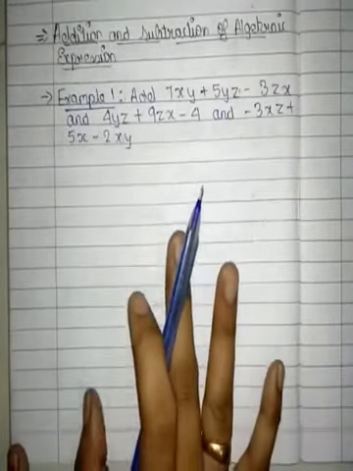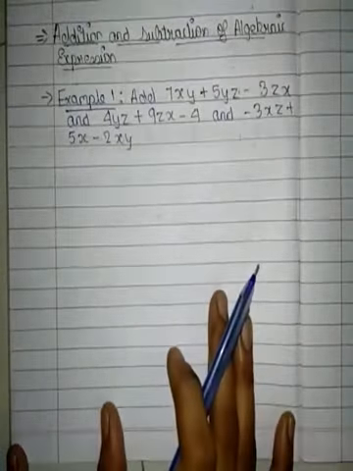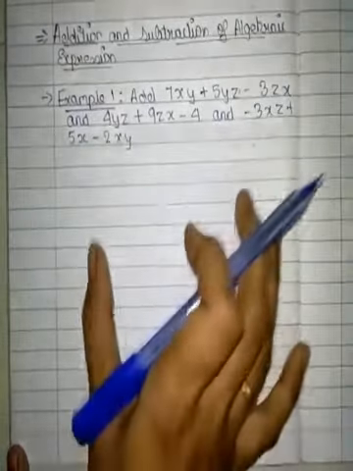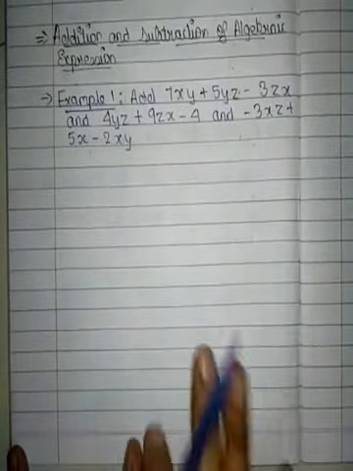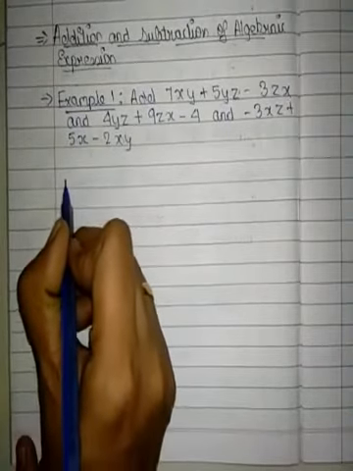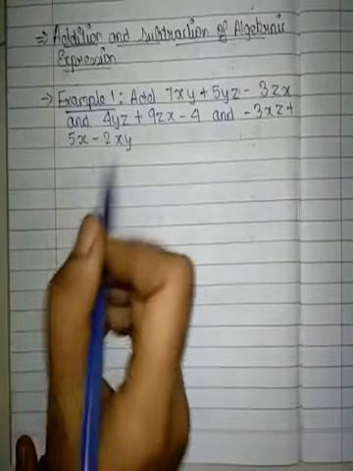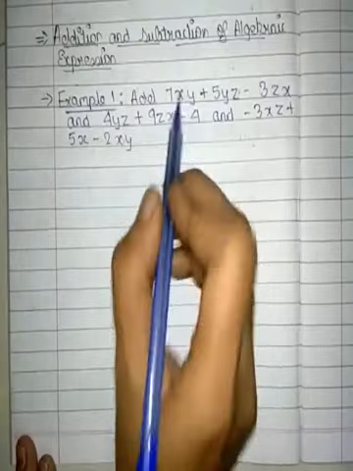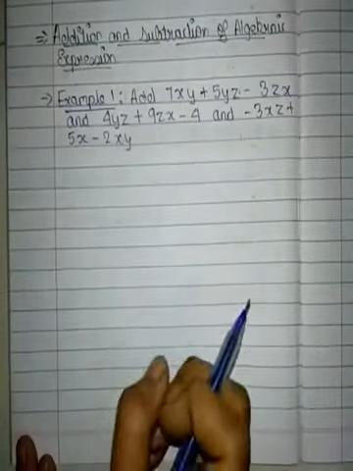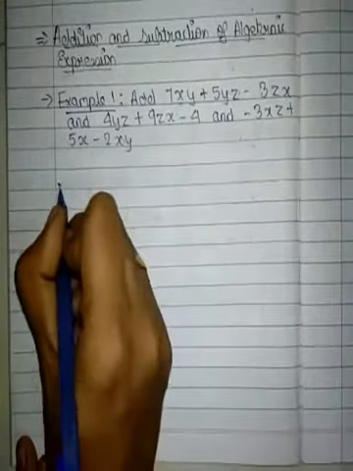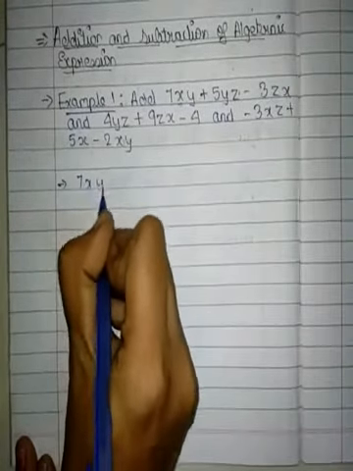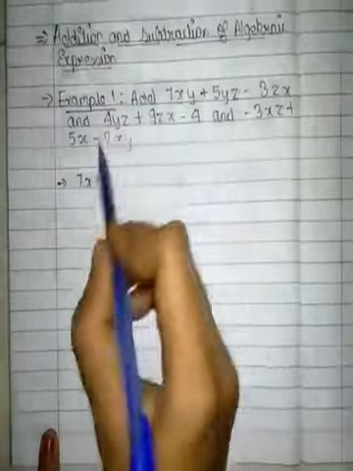In your textbook it is given in vertical order how we will add the expressions, but for easiness we will do it in a horizontal method. Let's start. The first thing we have to do is take all the like terms to one side. So starting with 7xy, I am taking 7xy first from the first expression.